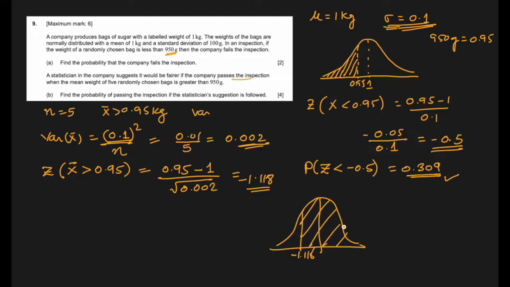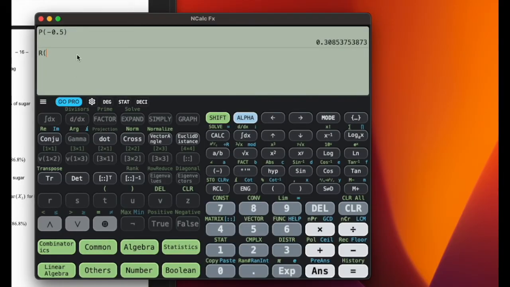That means going back to our calculator, I put negative 1.118, right? Okay, it is already there. 0.868, 3 significant figures.